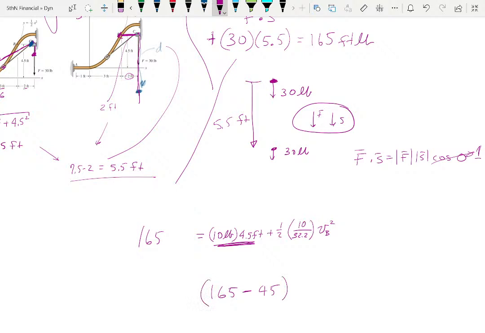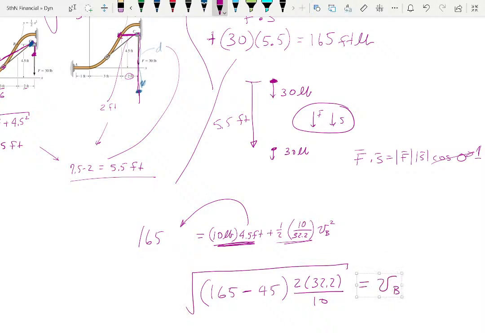And then I have to multiply times 2 and 32.2, and then divide by 10. So what I'm doing is moving that to that side, then dividing this out and taking the square root, and that should become the velocity of B. Now, if I move that over to the right, I can use that thing and probably get the answer, except it probably won't understand what that is. It may understand the rest, but there's no guarantee of that either.